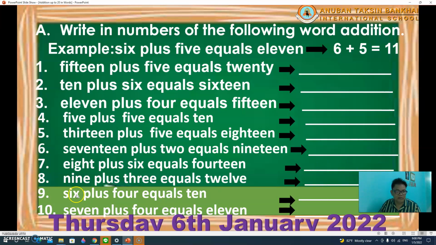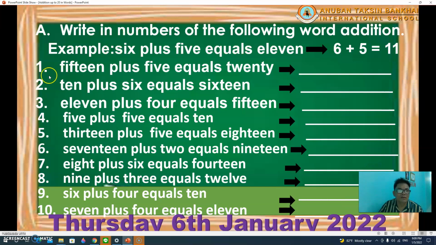Very good. 6 plus 4 equals 10. 7 plus 4 equals 11.